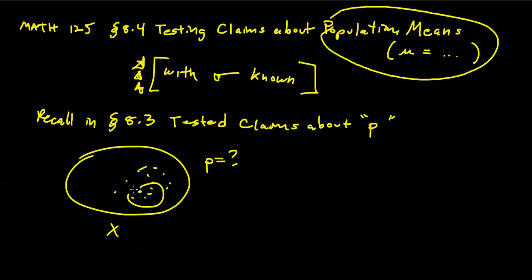What we did was take a sample proportion, p hat. Remember, that's a raw number of items with a desired characteristic divided by the sample size, and we tested claims about p. Somebody says that p equals something, and somebody says alternatively that p may be less than or greater than or not equal to that same something.